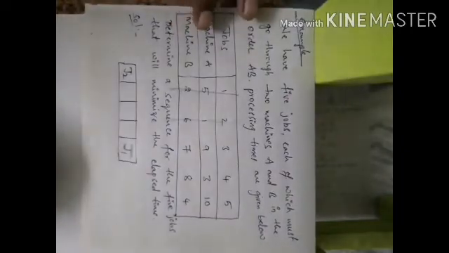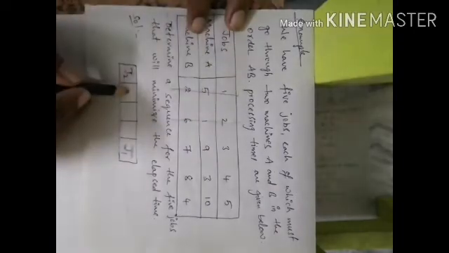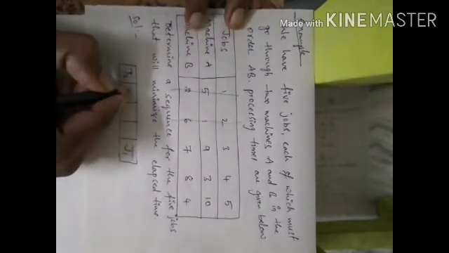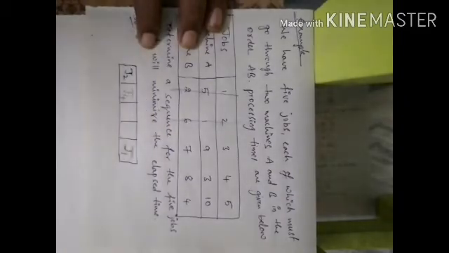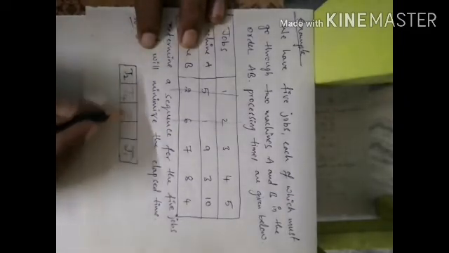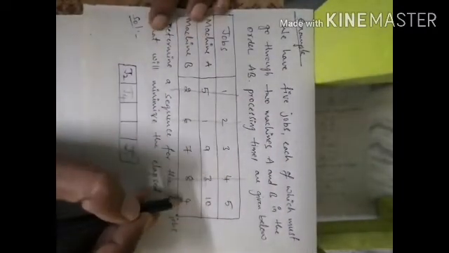This one is cancelled, and among the remaining, the minimum processing time is 3, on machine A, job 4. So J4 is assigned for machine A, to the right side. J4 is assigned here, and J4 is cancelled. The remaining processing times are here.